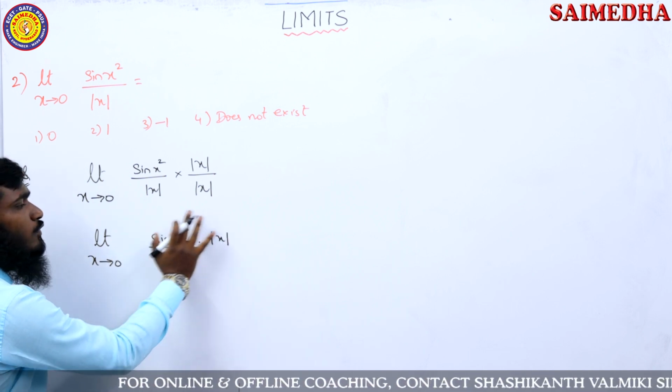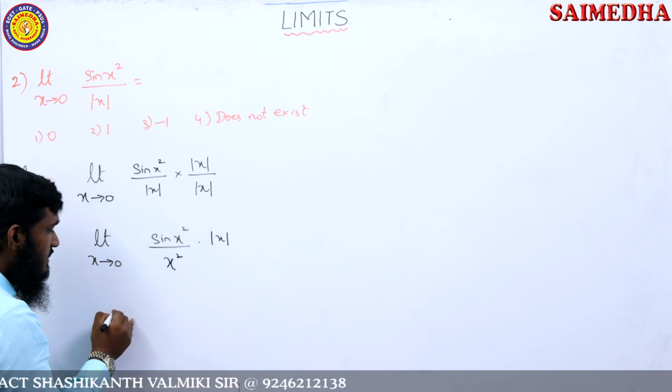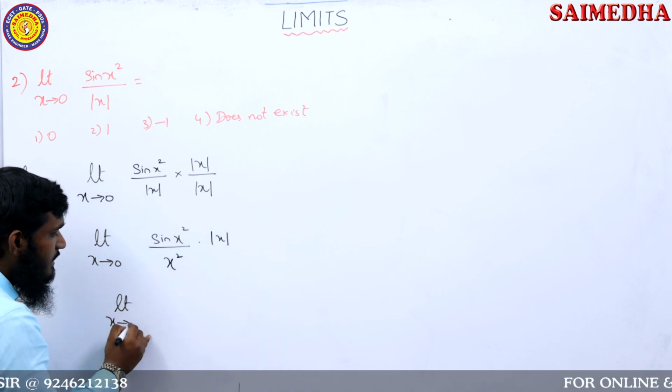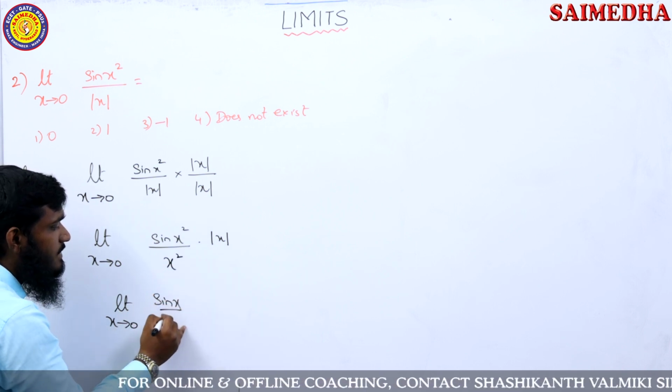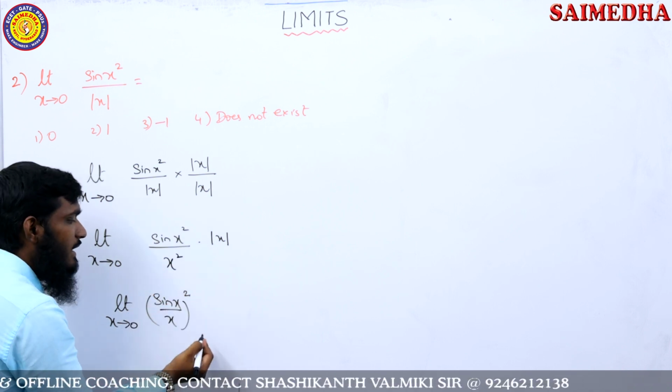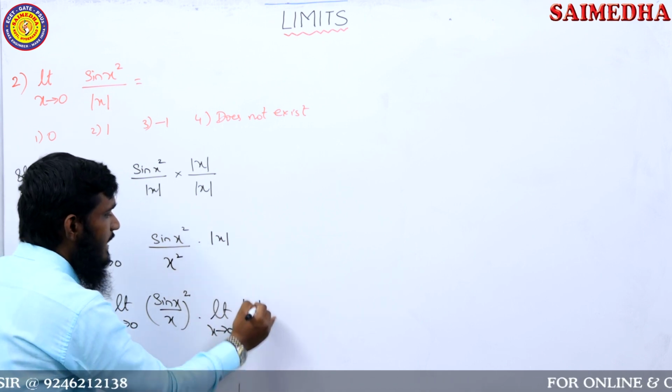Now as we are having two functions over here, we have to apply the limit for these two functions. So this can be written as limit x tends to 0, sin x square by x square, which we write as sin x by x whole square, into limit x tends to 0 mod x.